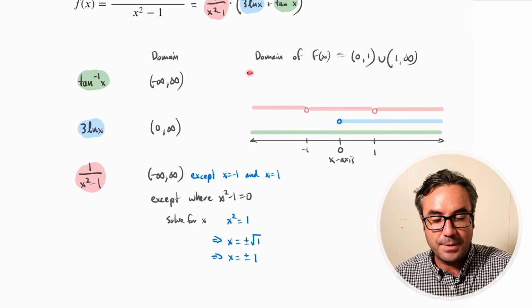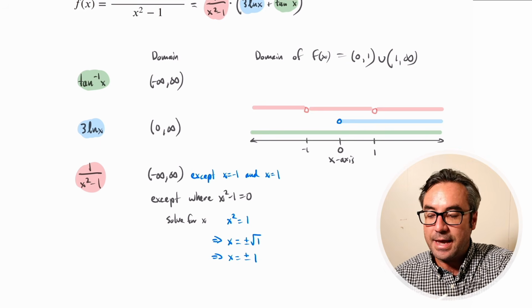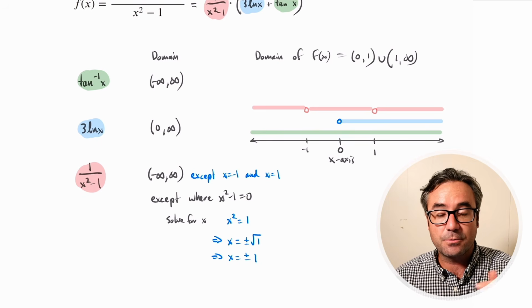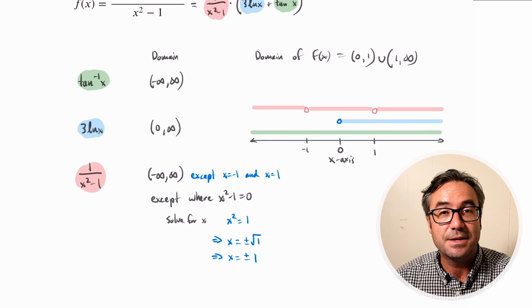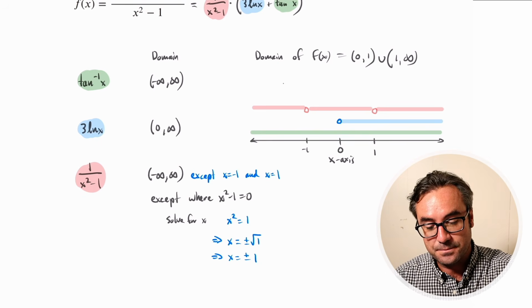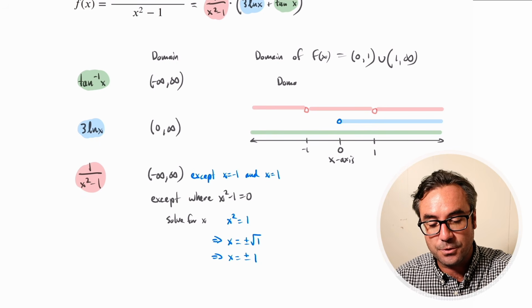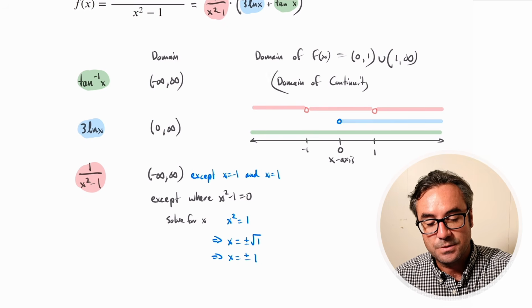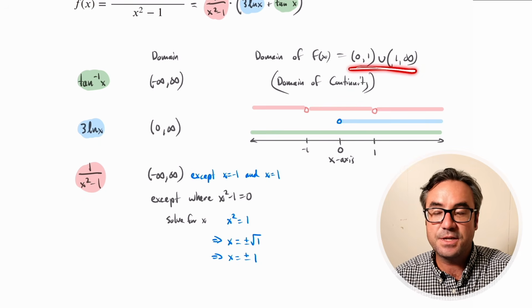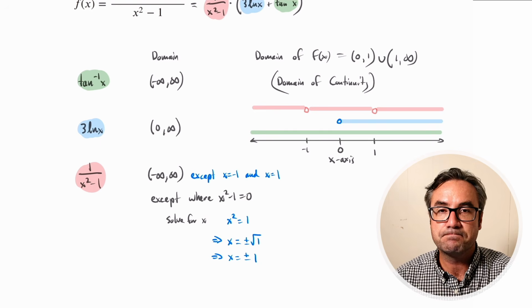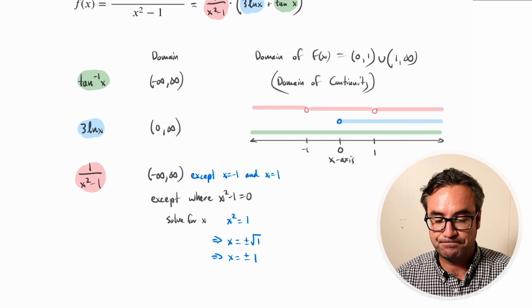So this is the domain of our original function, and that means our original function is continuous on these intervals. So we'll call this also the domain of continuity. At any x value in these two intervals, our function is continuous.